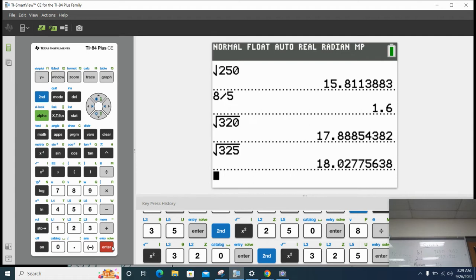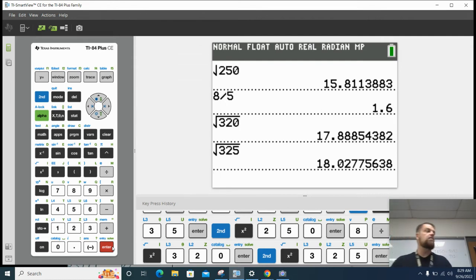Oh, no. I apologize. I see what they're doing. Okay, so I've read the question wrong. So we're trying to find a number that's trapped between 320 and 325. There's a perfect square that's trapped in between there. We have 17.88 and we have 18.02.